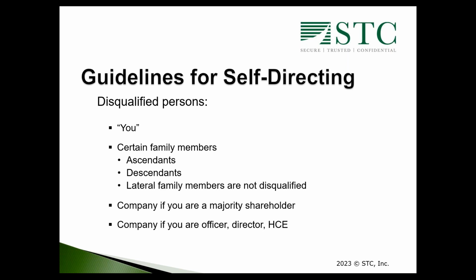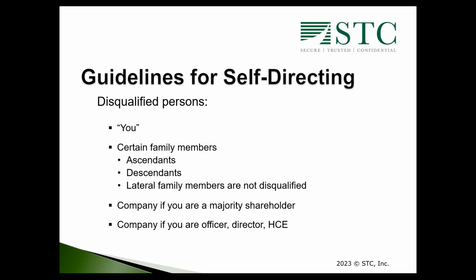There are also two companies that are disqualified persons to your retirement account. Any company, if you're a majority shareholder, so that doesn't necessarily mean 51%. If there are more than two shareholders, let's say there are three, if you own more than 33 1/3%, you're the majority shareholder. So that company would be a disqualified person to your retirement account. Also, any company, if you are an officer, a director, or a highly compensated employee.